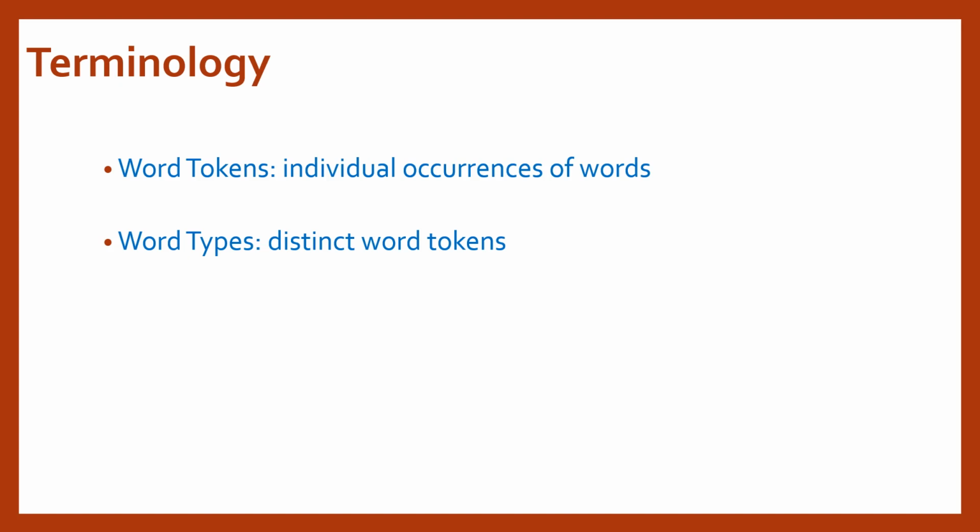So when we talk about tokens, we are considering them as distinct, separate occurrences. But when we talk about types, if they have the same character sequence, they will be counted as a single occurrence. So it is basically the distinct tokens which occur in your corpus. Those refer to the types.